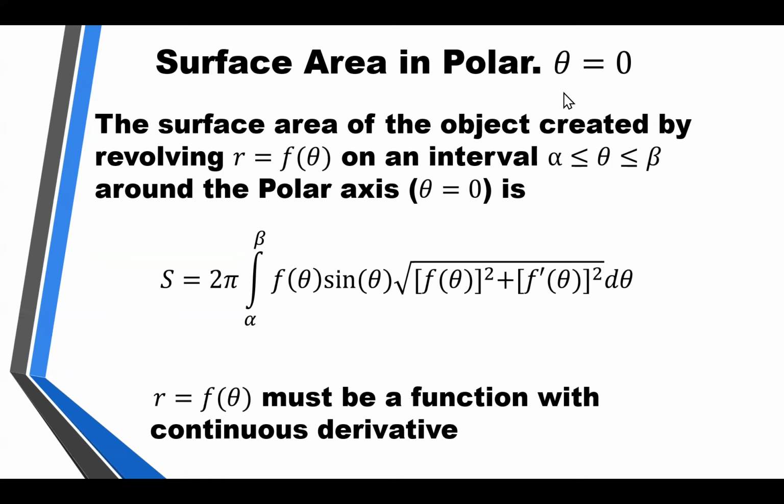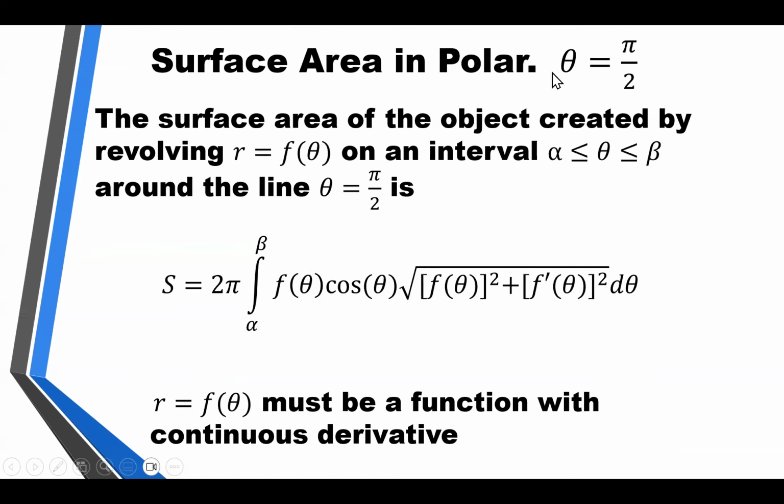What's going to happen if we rotate around theta equals pi over 2? That would be the y-axis. Well, if I rotate around theta equals pi over 2, then instead of my radius being a y value, my radius is going to be the x value, which is r times cosine of theta.